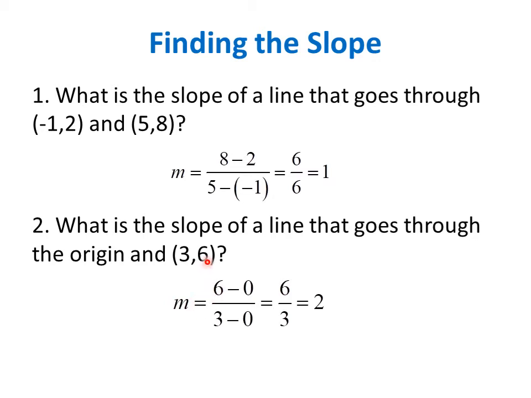So y2, that is 6, minus y1, again origin is (0, 0), so y1 is 0, divided by x2 is 3, minus x1 is 0 from the origin. Now 6 minus 0 is 6. 3 minus 0 is 3. 6 divided by 3 is 2. So the slope is 2.